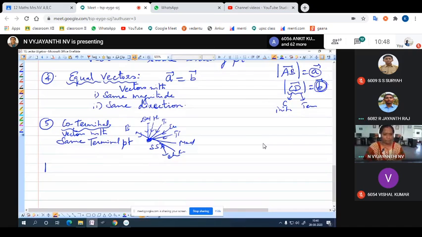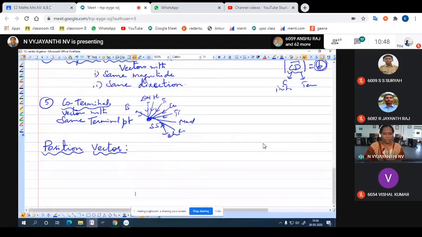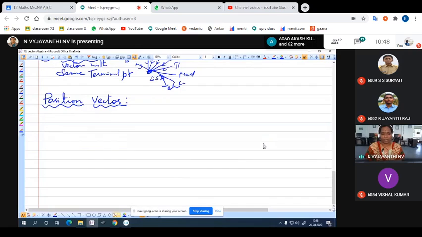This is in your three-dimensional geometry, which is very, very important. For this, we have to consider a 3D axis, three-dimensional axis.